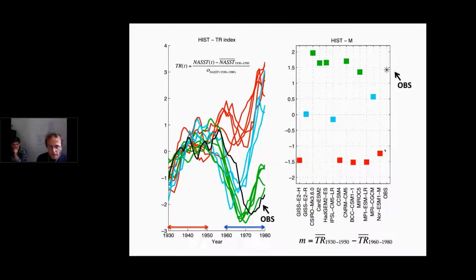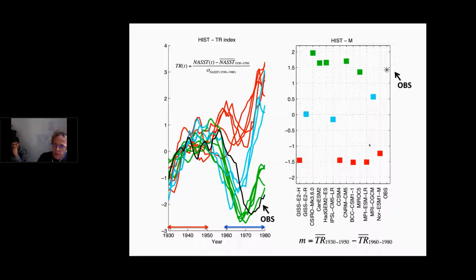And we define an additional metric just to compare these individual models to the OBS. So a metric is essentially a number that we can directly relate to the OBS, and I won't spend much time to describe it, just to show how, through this metric, there's an even more clear separation between model behaviors.